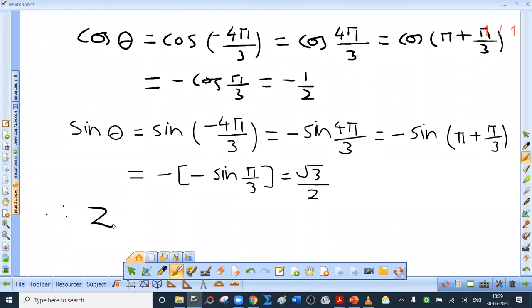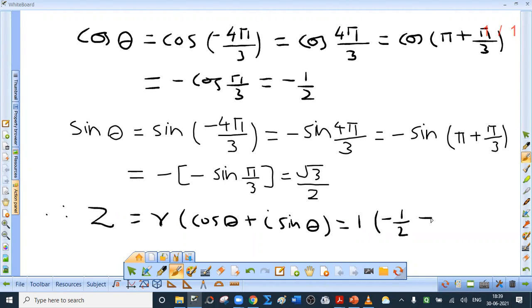Therefore, z is nothing but r, polar form, cos theta plus i sin theta. That is 1 into, what is cos theta? Minus half plus root 3 upon 2 i.